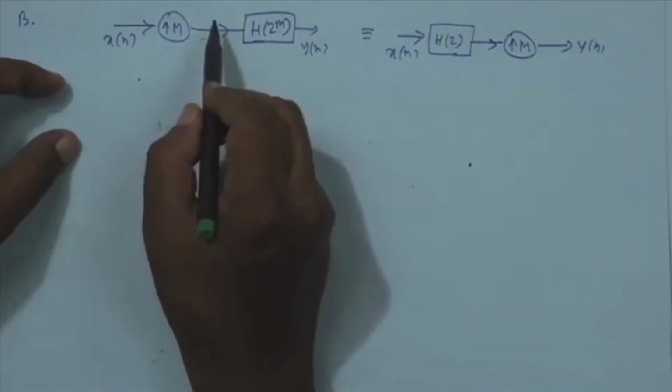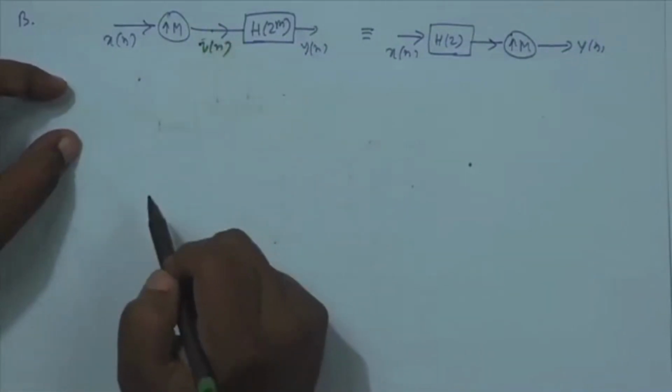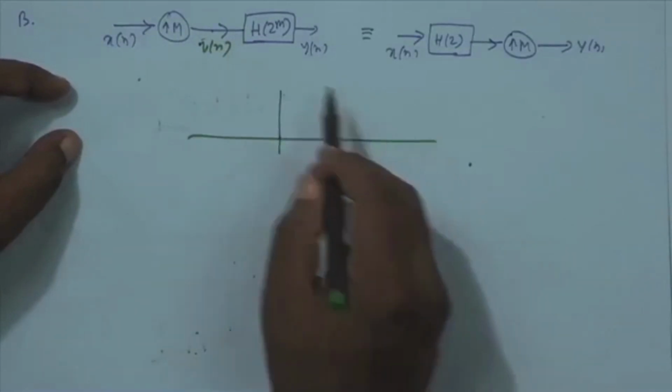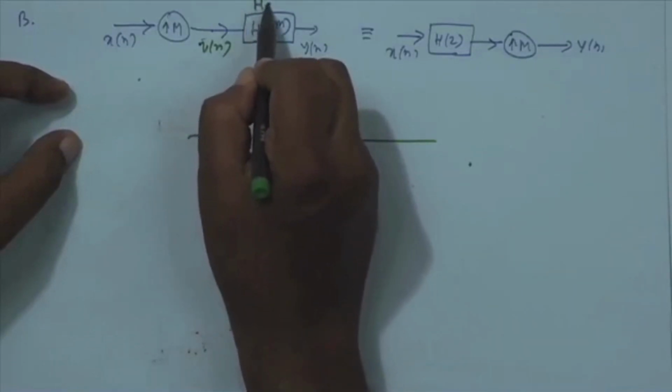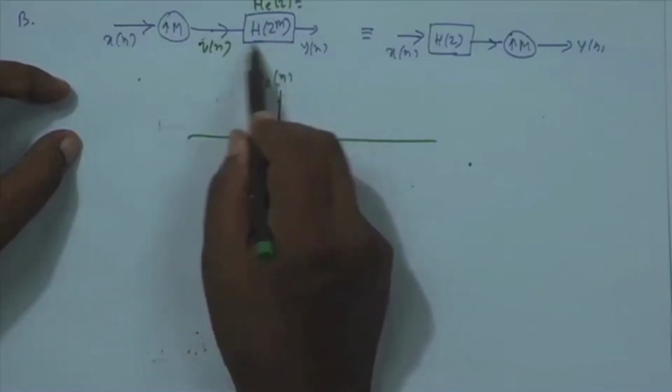Suppose I consider this v n as the expanded version, and what is this filter? This is already expanded. So, this filter you can call h e z equal to this. So, the impulse response is the expanded version of this.